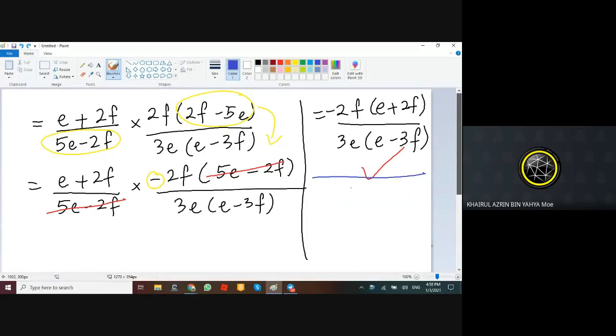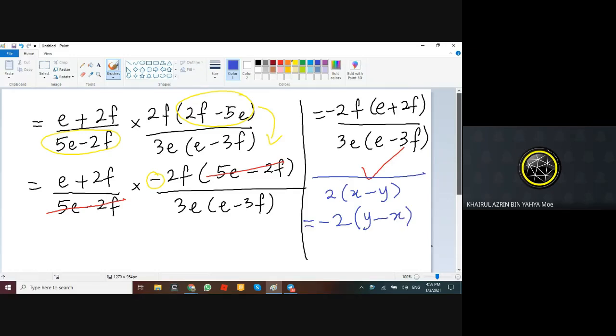Example, I have here 2, and then I have here x minus y. This one is actually equal to, if you put negative in front of 2, what happened in the bracket? This one will change, y minus x. It will change, become like that.